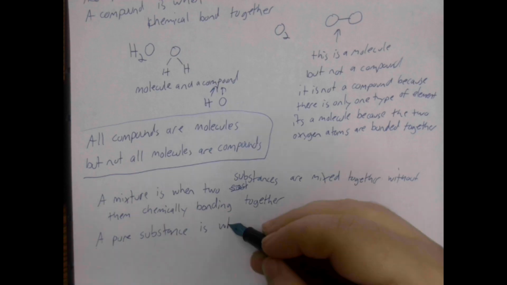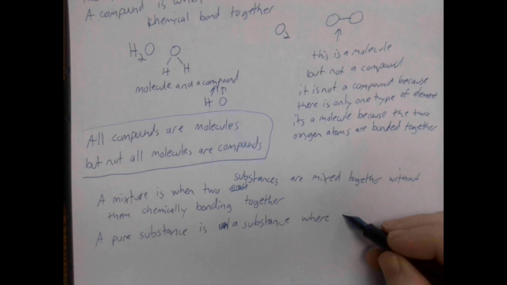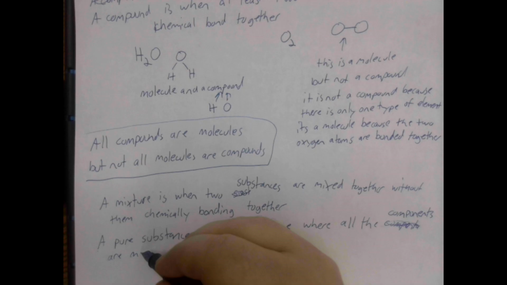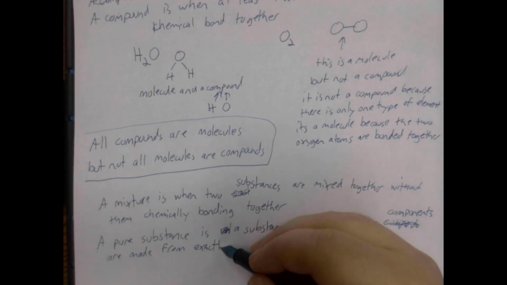A pure substance is a substance where all the components are made from exactly one type of molecule, compound, or element.